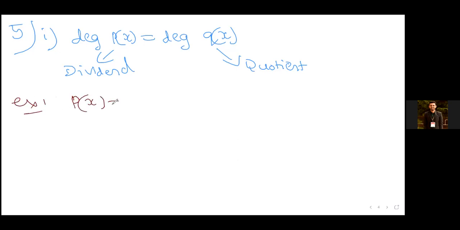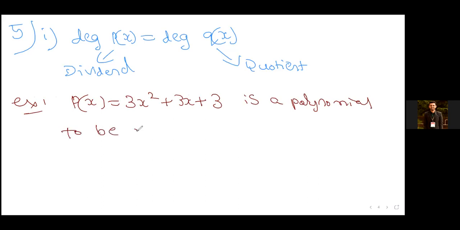p of x is equal to 3x square plus 3x plus 3, to be divided by g of x is equal to 3.